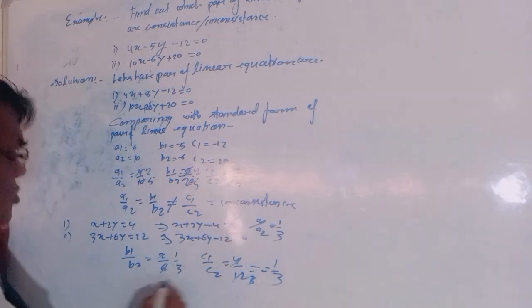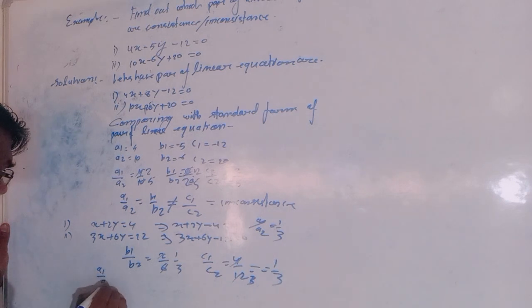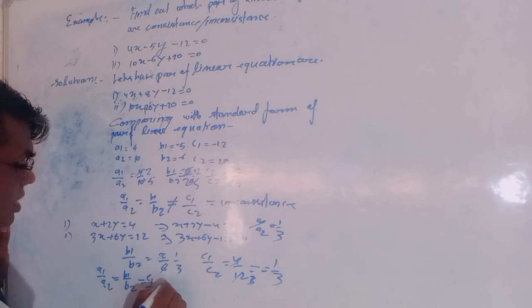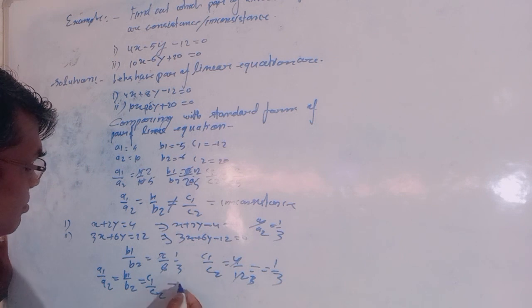So A1 upon A2 is equal to B1 upon B2 is equal to C1 upon C2. So here the condition is consistent, meaning dependent.